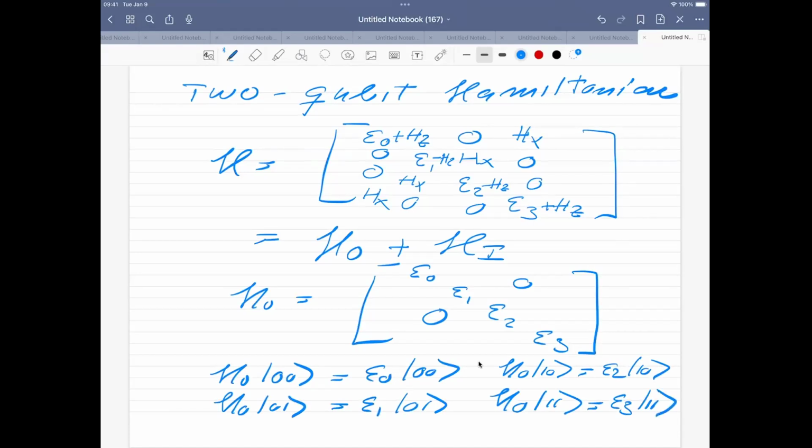Now, the interacting piece, H interaction, is something which we can write in terms of Pauli X and Pauli Z matrices.